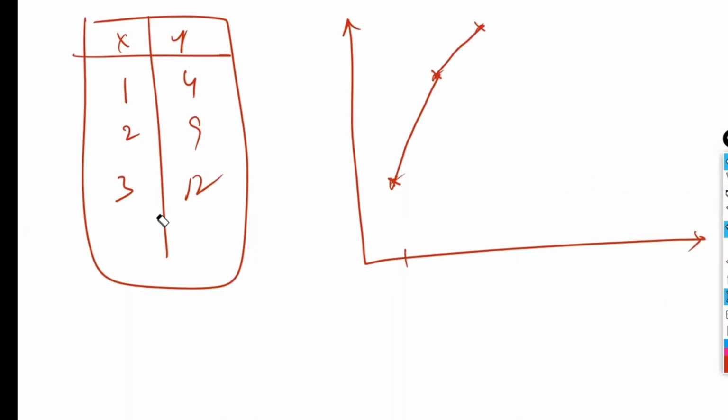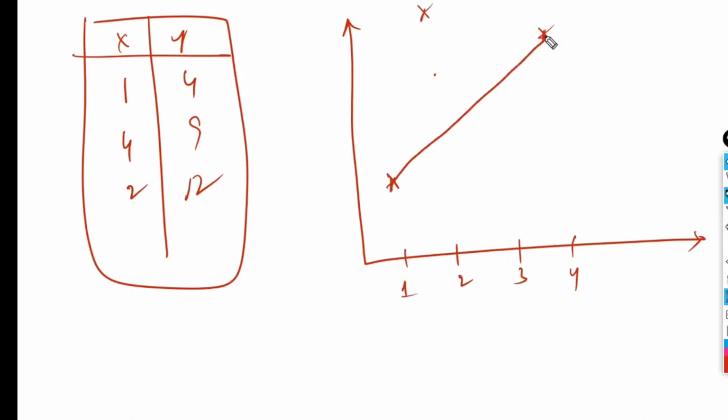Now, since in my case the x-axis is in order, that is 1, 2, 3, it looks like this, fine. Now assume that in my case it is not in order. Let us take one more example: 1, 4 is the first data point, 4, 9 is the second data point, and 2, 12 is the third data point.